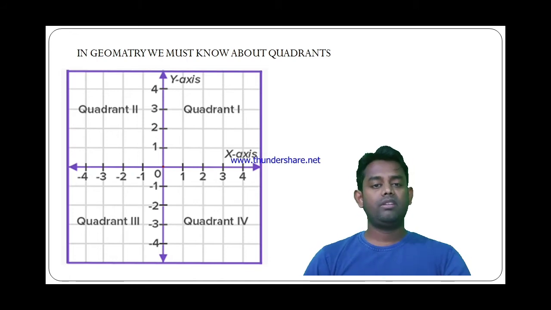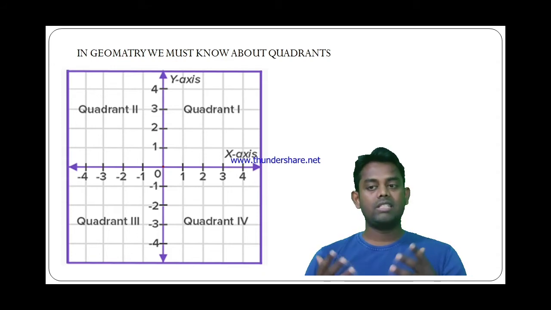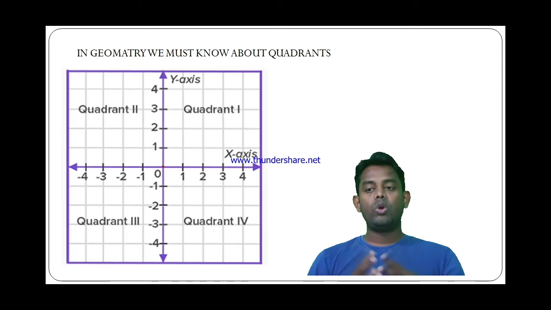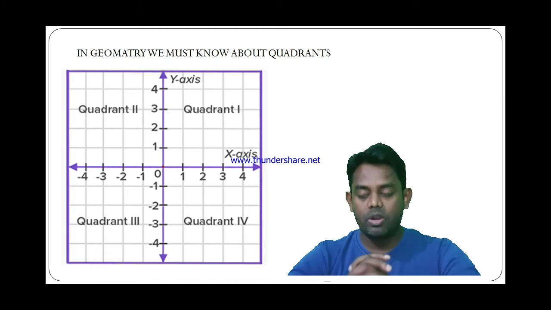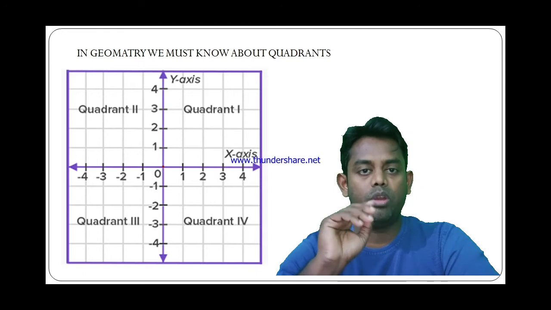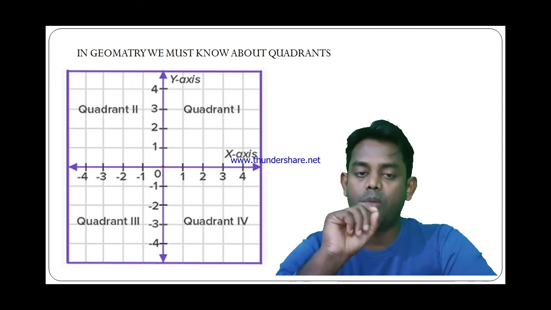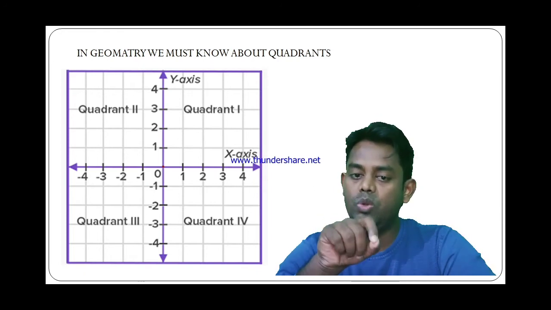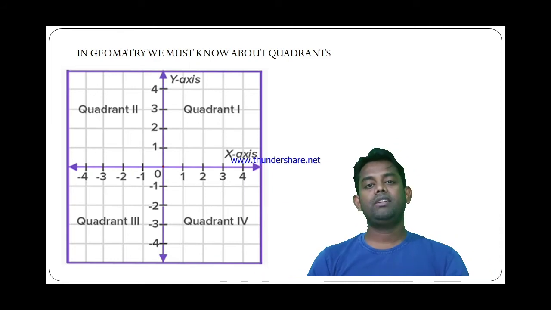Second thing that we must have knowledge about is the quadrant. Quadrant is basically we must have idea about the x-axis and y-axis. If you draw x-axis and y-axis in a graph, and from 0, if we move from 0 to east side, then x-axis will be positive.